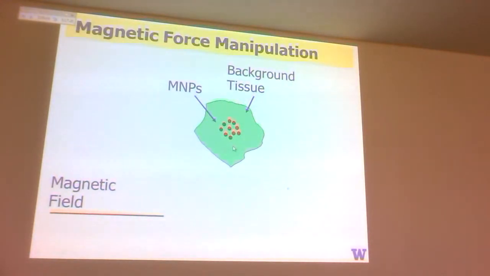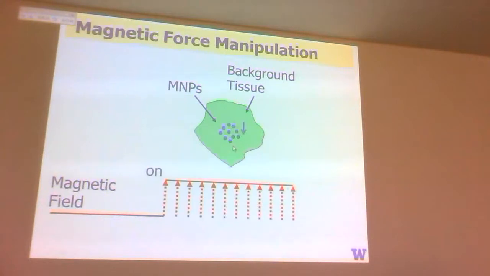Okay, let's consider this little Gedanken experiment. Let's put in a piece of tissue embedded with a set of magnetic nanoparticles. Don't worry about their signal or anything now, just so that we have these. And I'll now apply a magnetic field to that sample. When I pulse it on, there's a magnetic force on those. Okay, these are superparamagnetic particles.